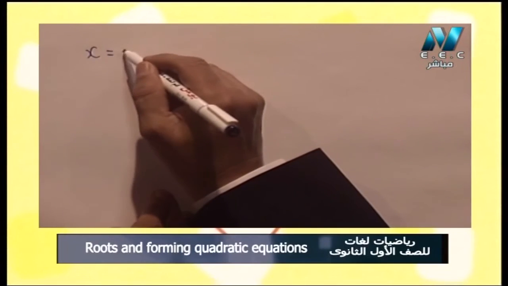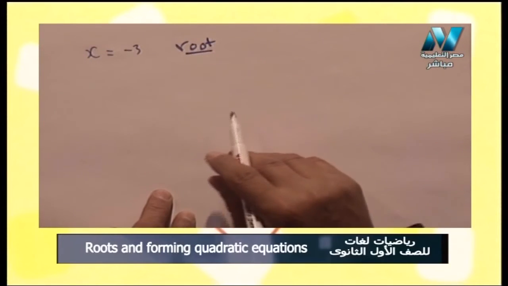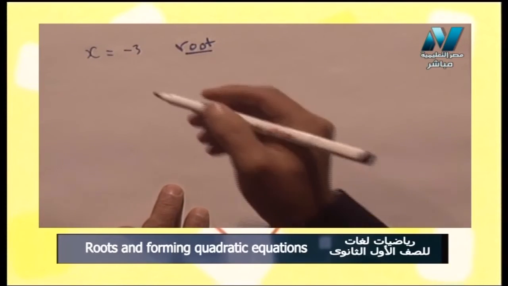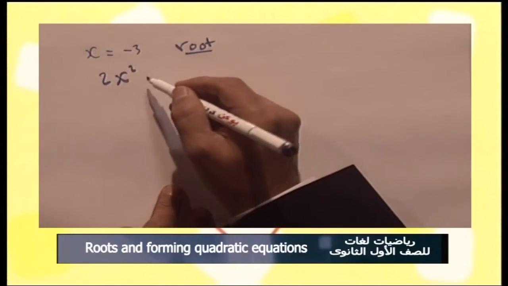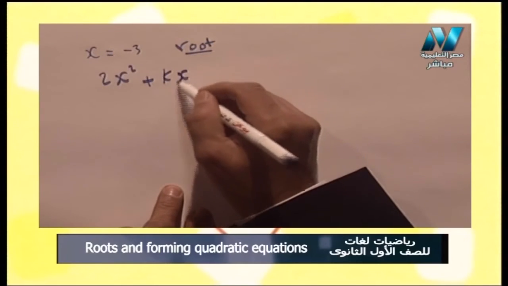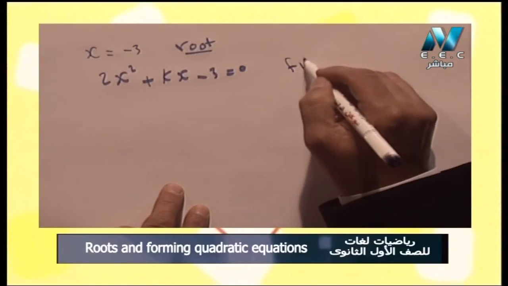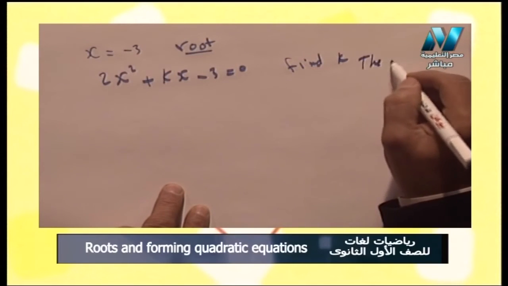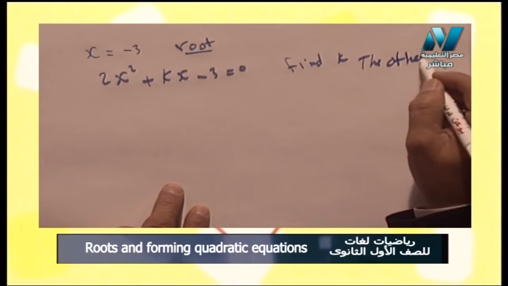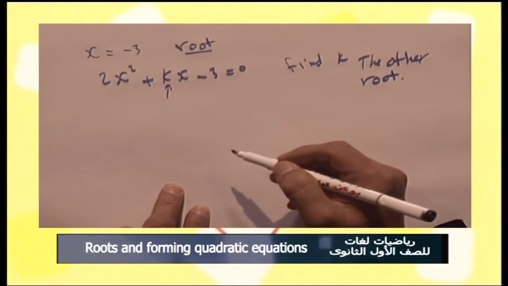We have x equals negative 3 as one of the two roots of the equation 2x power 2 plus kx minus 3 equals 0. Find k and the other root.